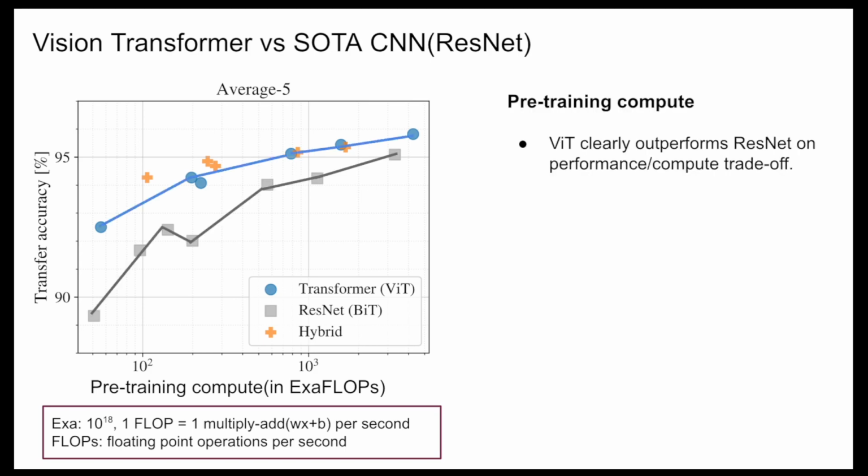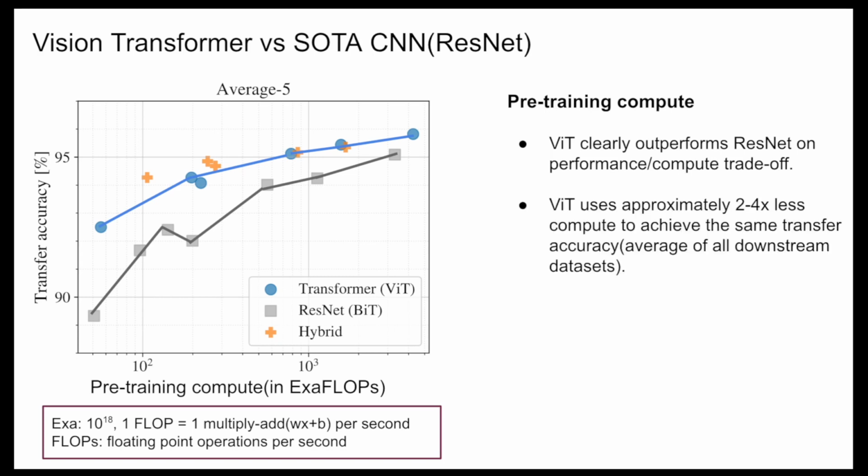On the pre-training compute, ViT outperforms ResNet on the performance-compute trade-off, as we can see on this graph. And also, as you can see, ResNet uses approximately 2 to 4x compute to achieve the same transfer accuracy. This is the average of all downstream datasets, by the way.